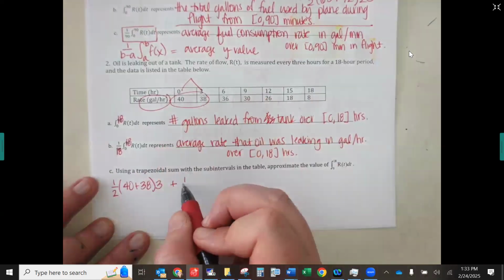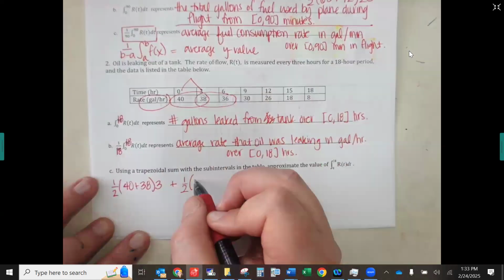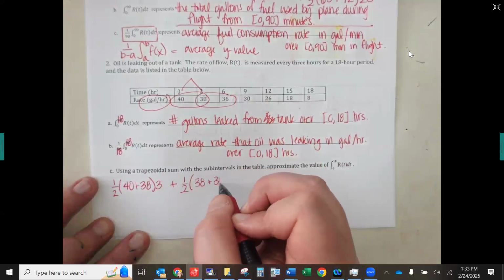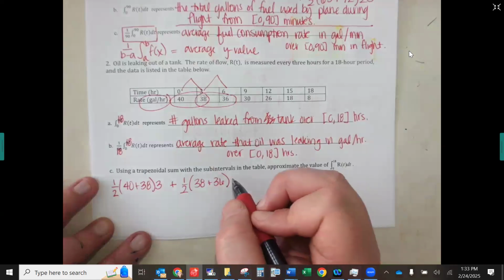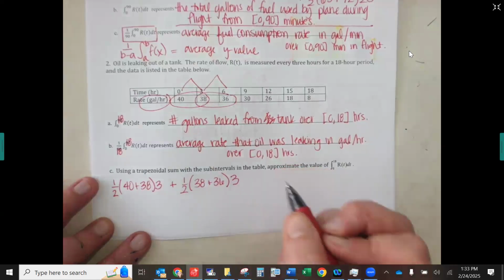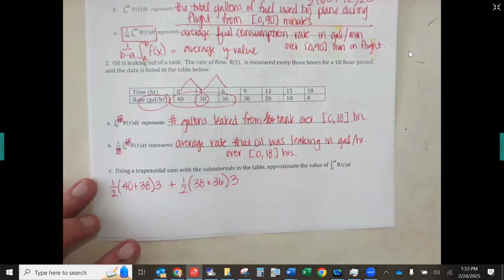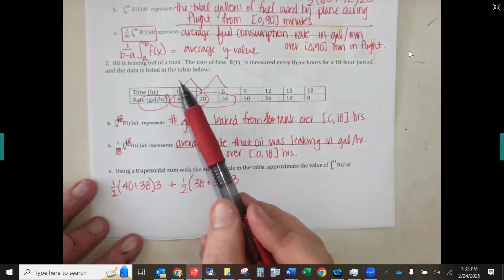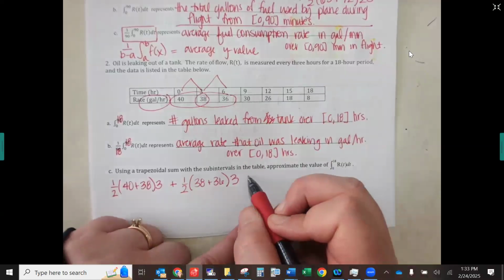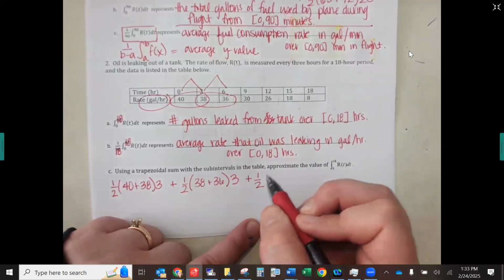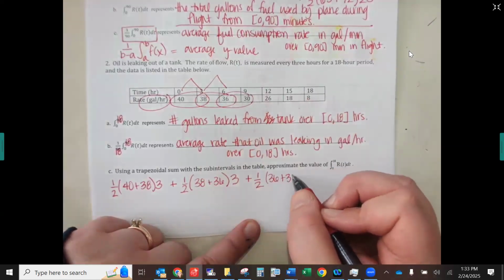Now we're adding 1/2 of what two y values? 38 and 36. And their distance between the x's is how many? 3. Now, peek ahead at the rest of the chart. Do you notice it's always 3? Because it counts by 3 every time. So it goes 0, 3, 6, 9, 12, 15, 18.